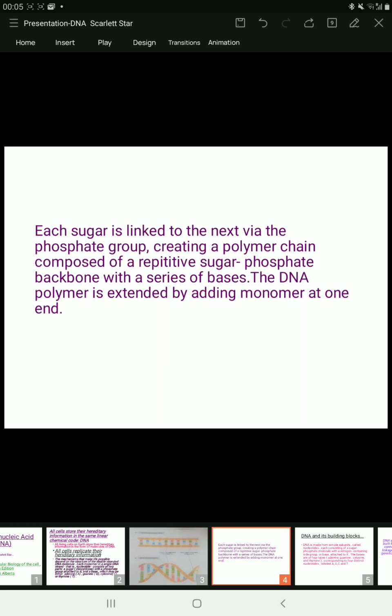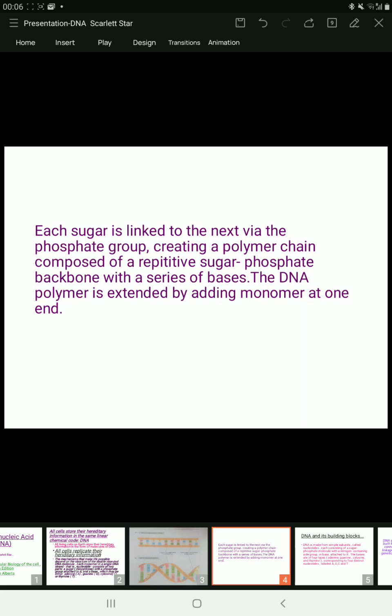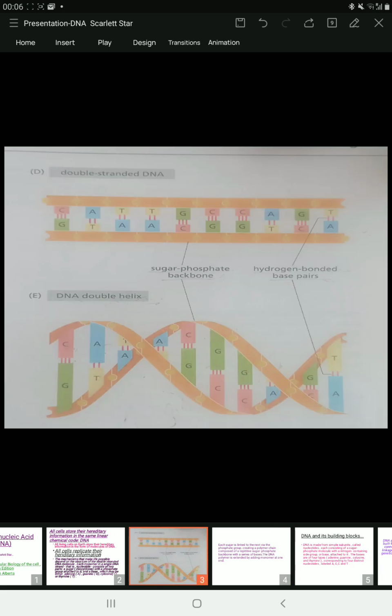So next we can conclude that a sugar is linked to the next via the phosphate group, creating a polymer chain composed of a repeated sugar phosphate backbone with a series of bases. The DNA polymer is extended by adding monomer at one end. Means this sugar phosphate backbone is repetitive.